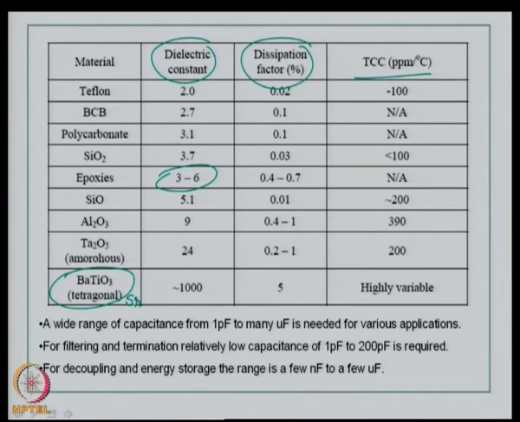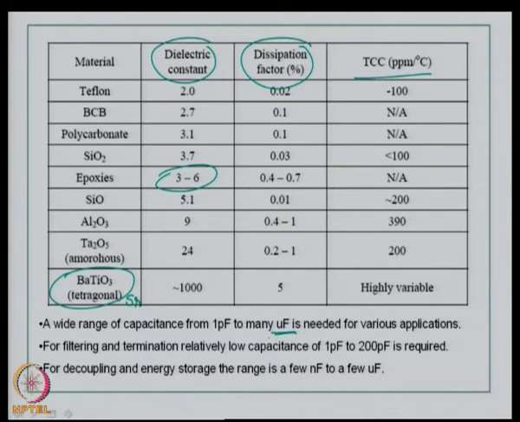So, the wide range of capacitances from 1 picofarad to many microfarads is needed for various applications. So, you have to dig into various substrate materials and the binding material, as well as the oxides and the filler material that you require to vary the property to suit your applications.